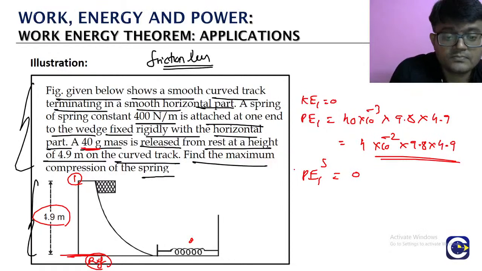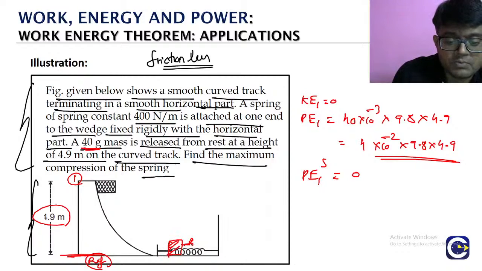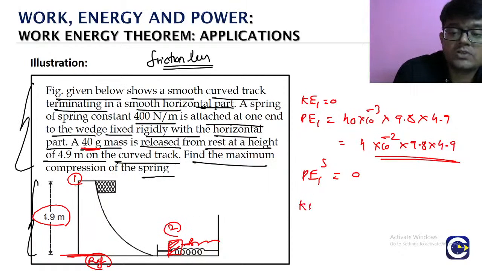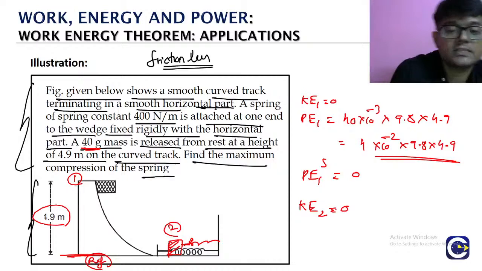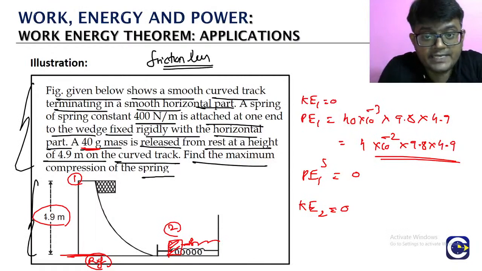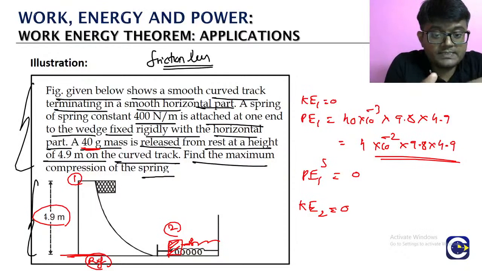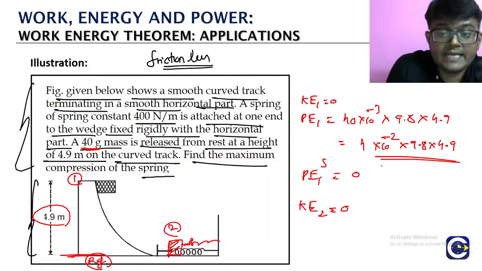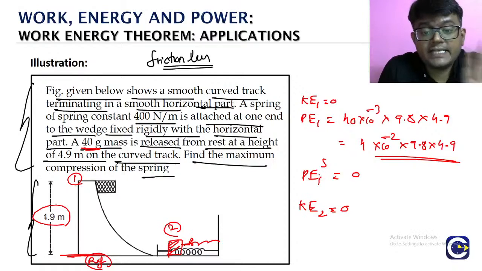So the initial spring potential energy is 0. Now finally, the block has come and compressed the spring. That is our final state. Here, what about the kinetic energy? Maximum compression means the block comes to rest. So the kinetic energy of the block in the final state is also 0.